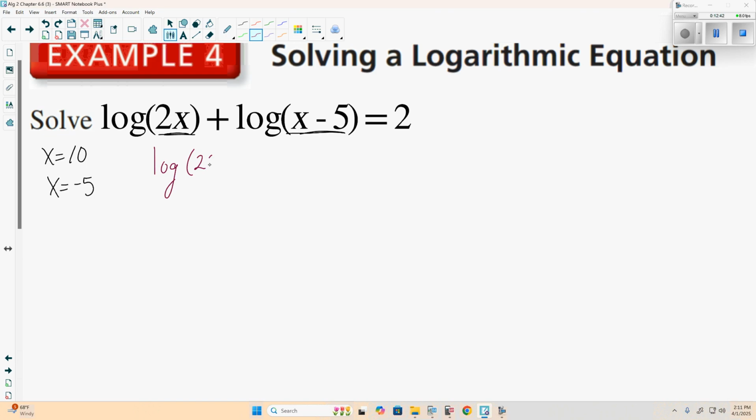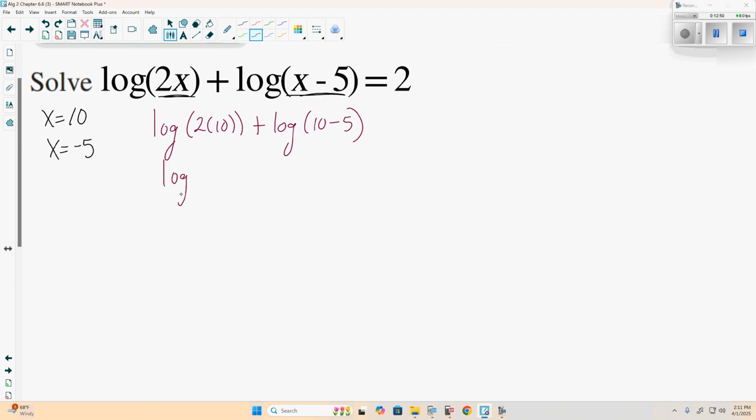So if we plug in 10, well, 2 times 10 is 20. 10 minus 5 is 5. So after plugging 10 in, the number we get is 20, and the other number we get is 5. Both positive numbers inside the log.